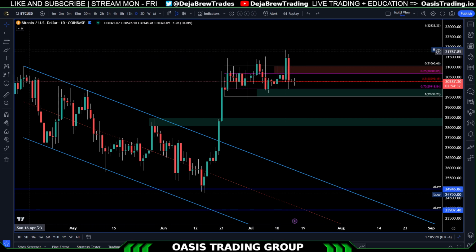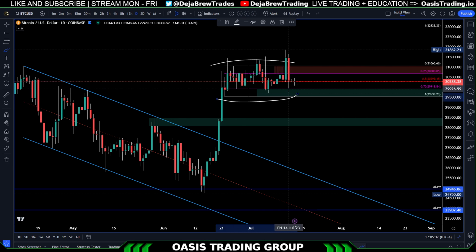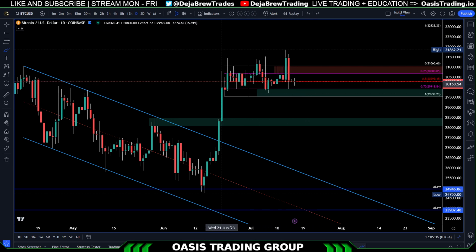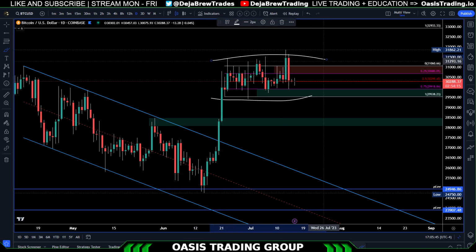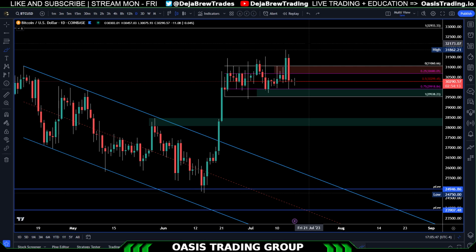But because it pulled back, we are still stuck in this nasty distribution. So nothing has changed basically since we started the trade plan on Bitcoin way back in June. The range trade plan is going to remain the same until we hold value above 31,000 or below 29.5.